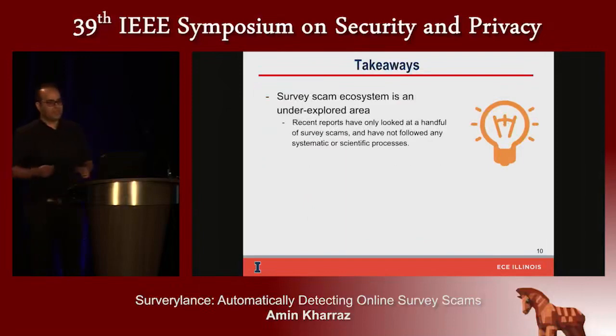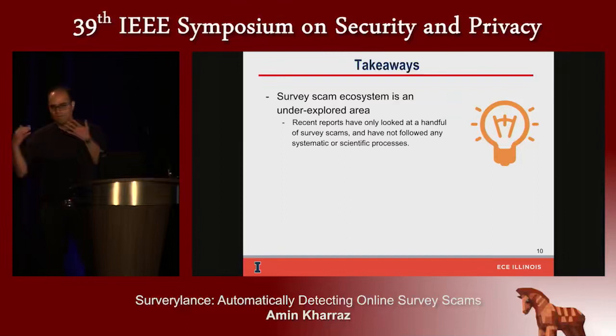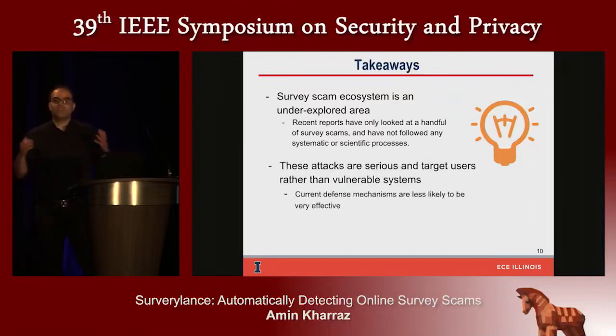These are the key findings of this talk. The survey scams ecosystem is an underexplored area. There is some manual analysis in this ecosystem, but it does not follow a systematic or scientific approach to analyze these scams. These attacks are serious because they target humans, real users, not vulnerable systems.